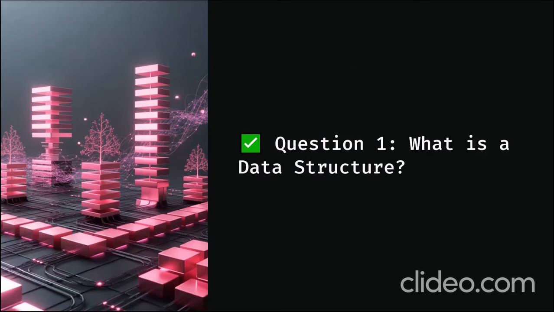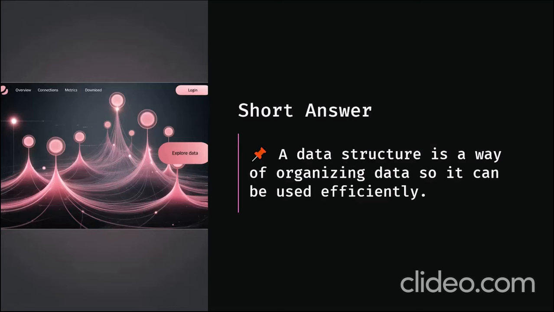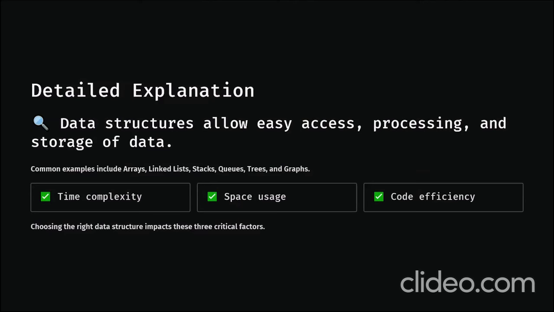What is a data structure? Your short answer in the interview: a data structure is a way of organizing data so it can be used efficiently. For a detailed explanation, data structures allow easy access, processing, and storage of data.